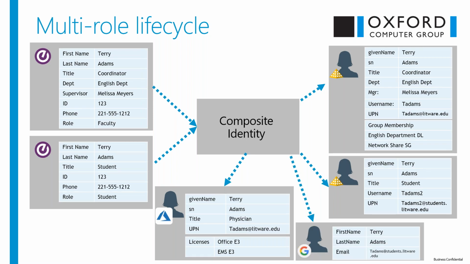So we're using Gmail for those students, right? Maybe we've got faculty in Office 365, and then we've got students in Google. And it could be on the inverse as well. But this is an example of how we basically can take information from that data source and then build it out into the environment. And keeping in mind that composite identity is where all of those decisions are actually made.